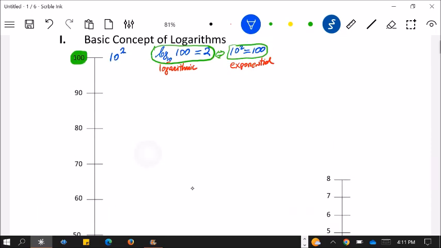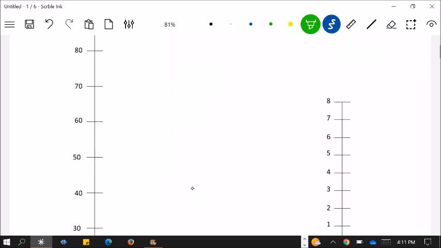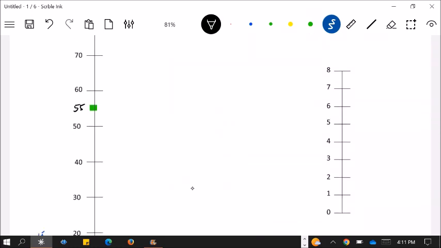Now, the exact halfway point between 10 and 100 would be the number 55. We'll put a 55 here. But if we do the log of 55, well, the interesting thing is that we don't get a 1.5 exponent.